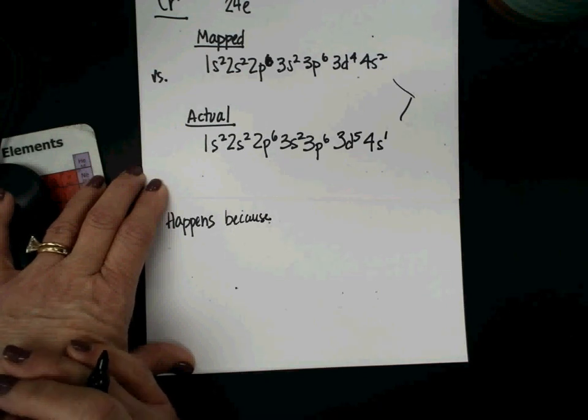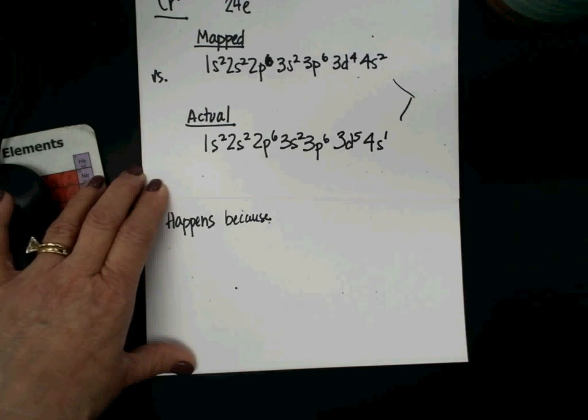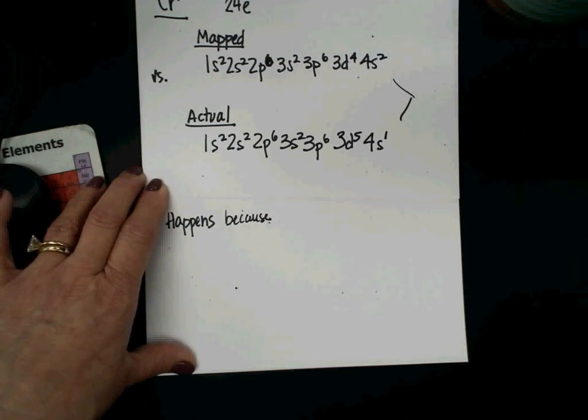Max, are you raising your hand? Yes. What do you think? Because 3d and 4s is the first place where we start to see that, oh wait, 4s fills before 3d, right? So we start to see the fact that the 3d part of the third energy level and the 4s part of the fourth energy level have very similar energies.